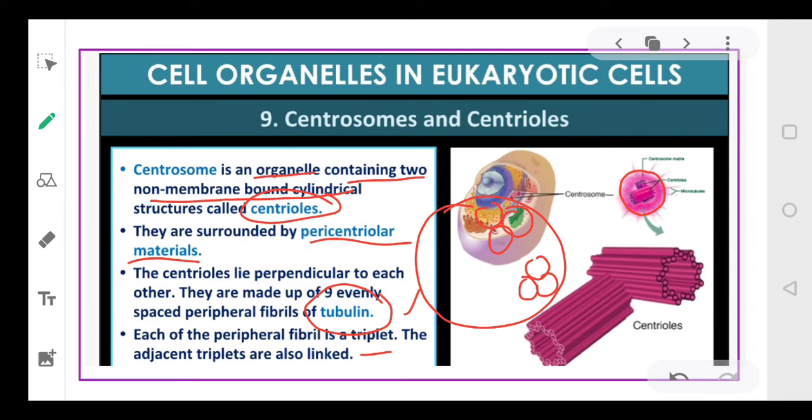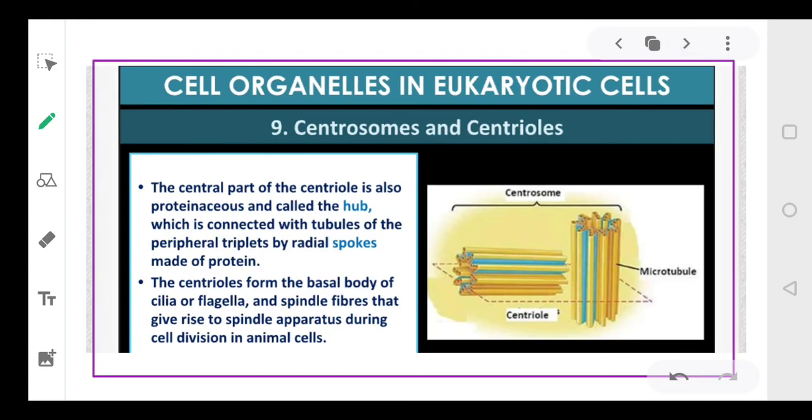So 2 centrioles will make a centrosome. Centrosome is surrounded by a material which is called a pericentriolar material, and these centrioles are held perpendicular to each other. Their fibrils are made up of a special protein which is called tubulin. See, this is a centriole, these two together are called centrosome.